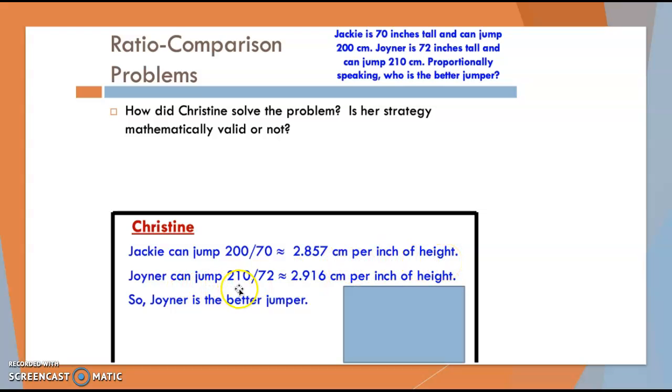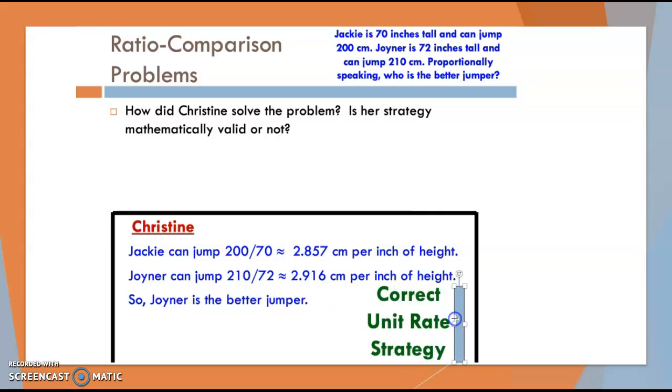Joyner can jump 210 over 72, 2.916 centimeters per inch of height. So Joyner is the better jumper. This is a correct use of unit rate strategies.